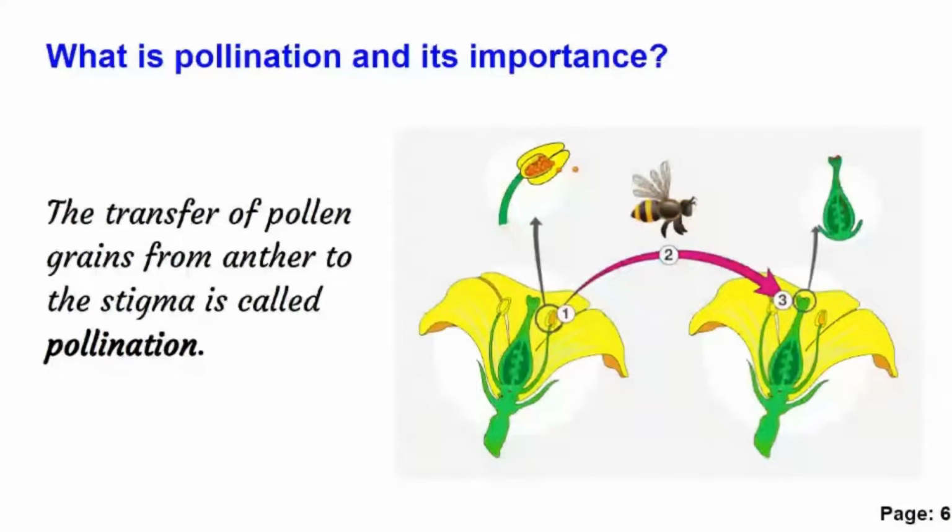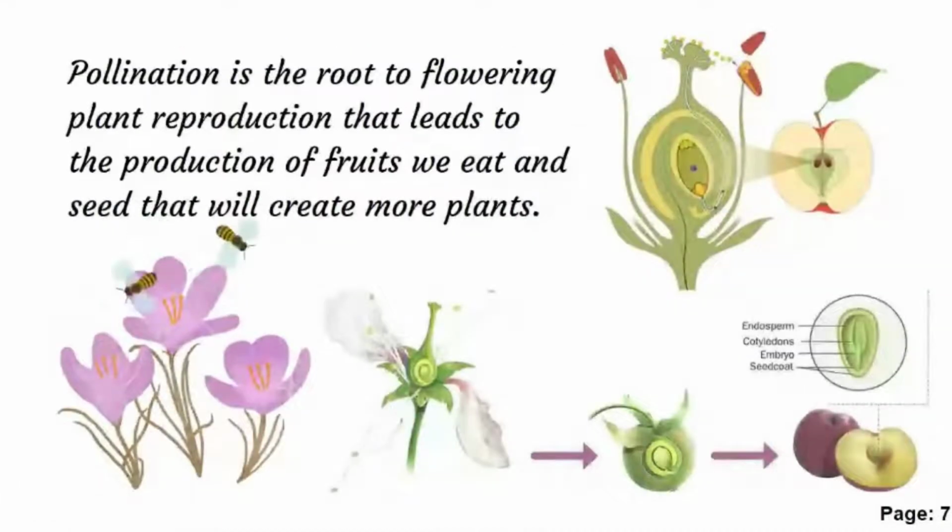Okay, as you can see, the explanation of pollination is that the transfer of pollen grains from the anther to the stigma is called pollination. It means that it is a method where pollen grains are picked from an anther, which is the male part of a flower, and transferred to the flower's female part, which is called the stigma.